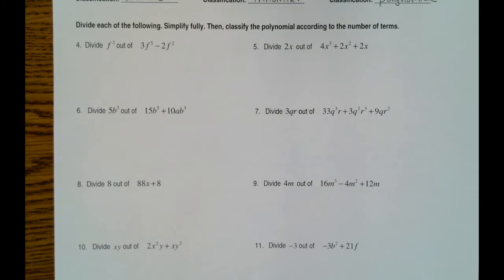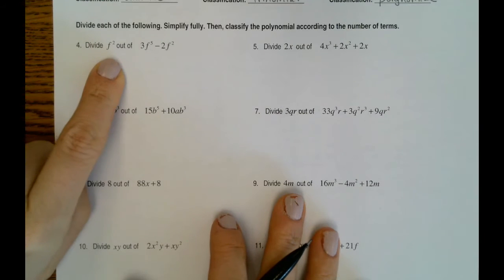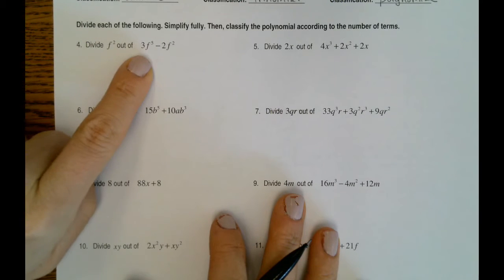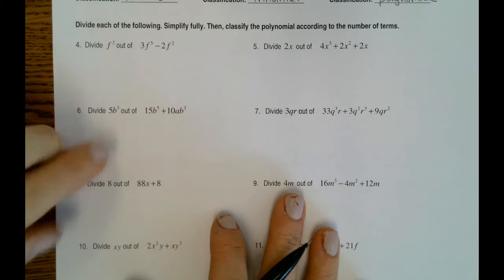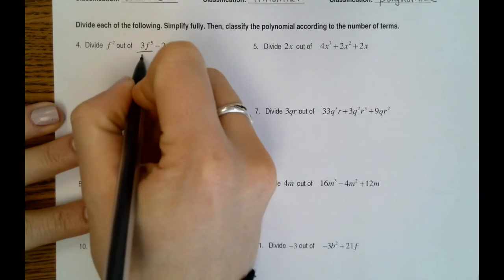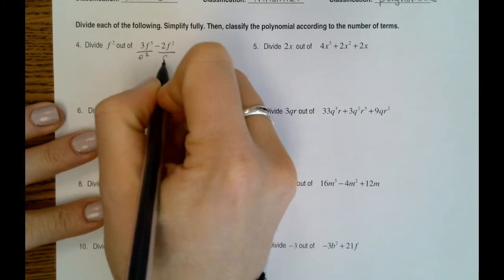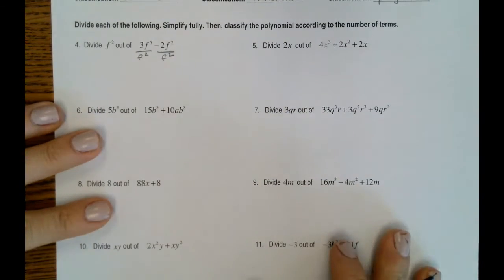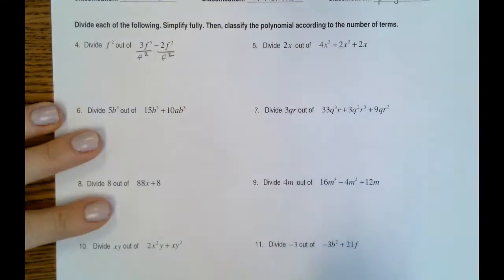Okay, number 4, it says divide each of the following. Simplify fully, then classify the polynomial according to the number of terms. So we're going to divide f squared out of 3f to the 5th minus 2f squared. Okay, when we divide, we subtract our exponents.